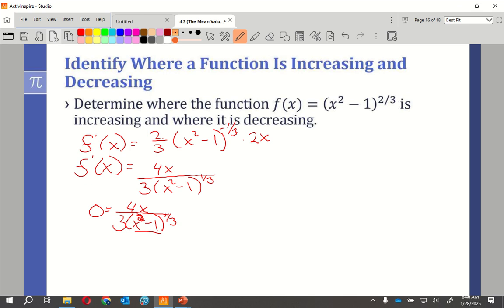And what else do we get? 0. Actually, it's also going to give me a 0, right? So x is going to be equal to 0, because once I clear out the denominator, right? So right now I already know that x cannot equal 1 or negative 1. Multiply both sides by the common denominator, and I get 0 equals 4x, and x equals 0.